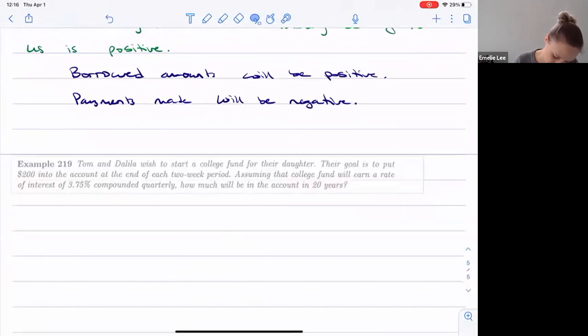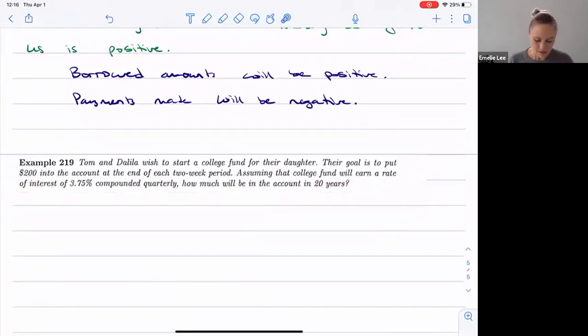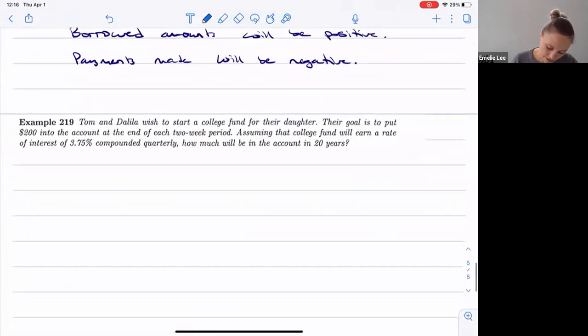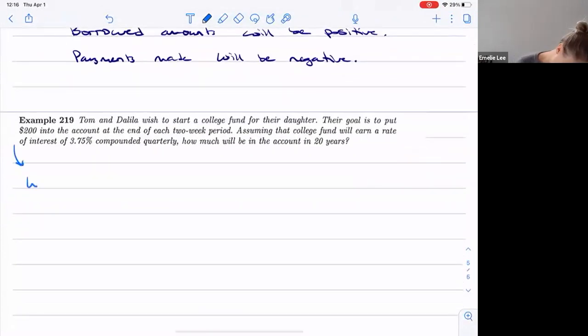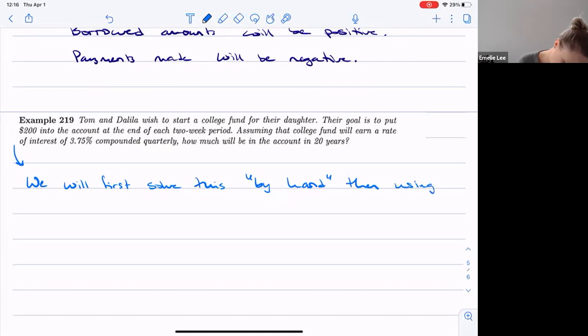So I'll make a note here: we will first solve this by hand, then using the calculator, just so you can see how they match up.